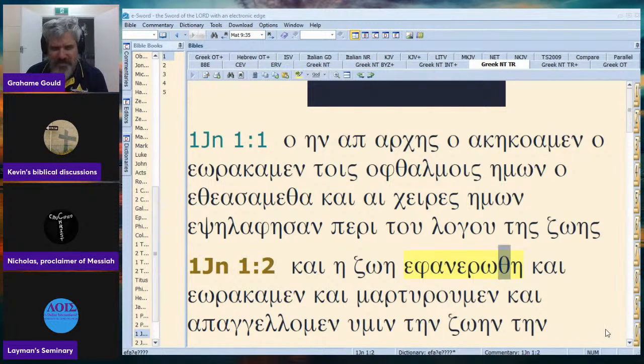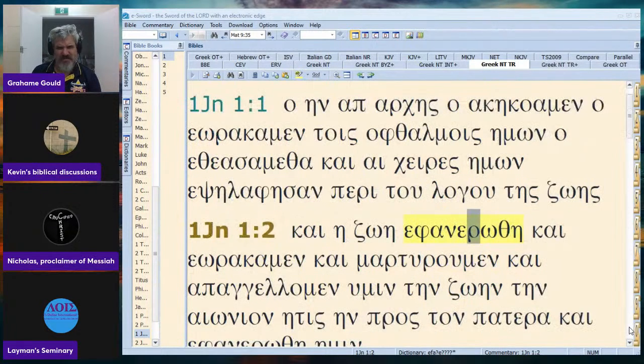So that one's the theta, and then you've got the eta, which is one of the tricky ones to figure out because you're looking at it going, that looks like an N. Yeah, and that's also another one that's tricky because it looks like a P. Yeah, I've learned that the one that looks like a P is an R, and because the pi is the P, that's pretty easy to remember.